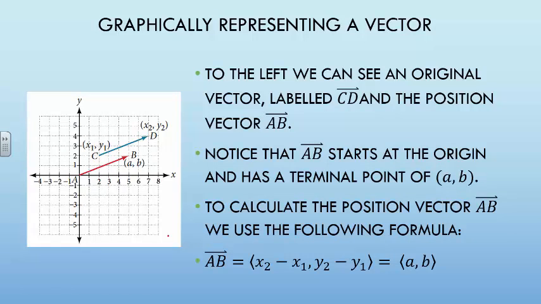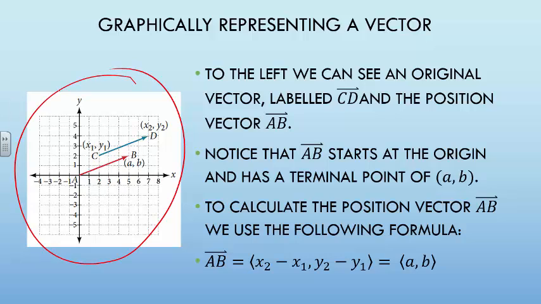So to graphically represent these things and also to calculate this standard position, we take out this little picture provided by the textbook here. And in this picture, we have an original vector labeled CD, and we have a position vector labeled AB here in red. Notice that AB starts at the origin and has a terminal point of a, comma, b.